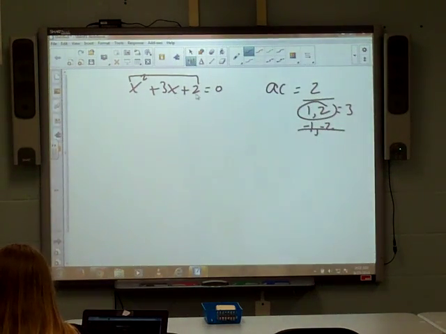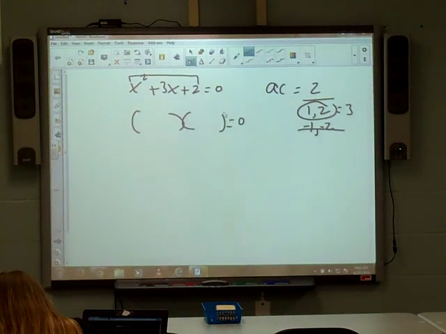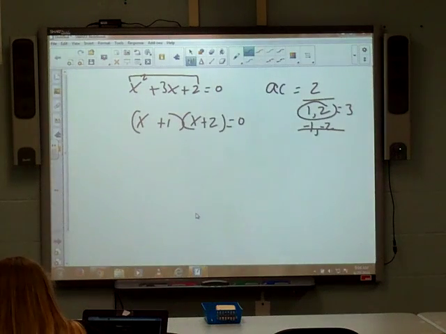This is a trinomial, 1, 2, 3 terms. A trinomial always factors as 2 binomials. X squared has to be x times x. Then I have my factors over here, a positive 1 and a positive 2. So if the directions just said to factor, you would be done. You factored it.